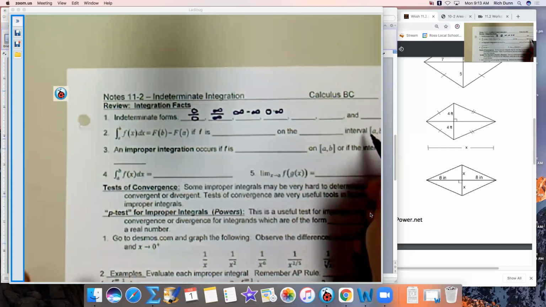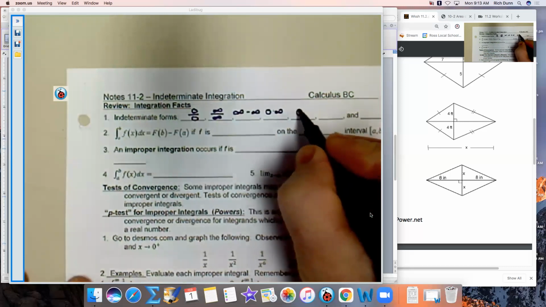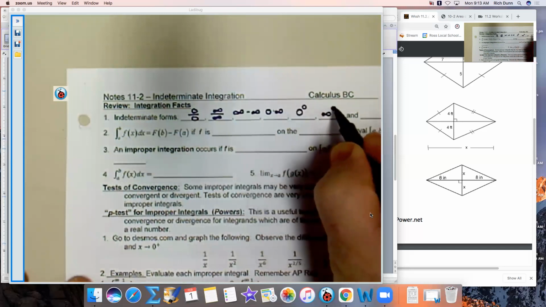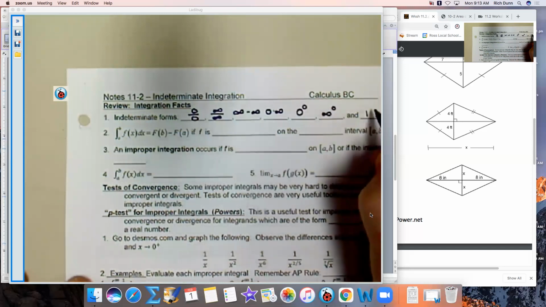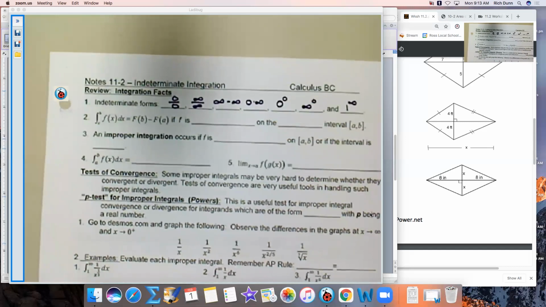And then there are some somewhat special cases when we have 0 to the 0 power, or infinity to the 0 power, or 1 to infinity. Those are indeterminate forms. So if we get this in an integration, then we're going to need to apply some of these rules that we're going to talk about today.